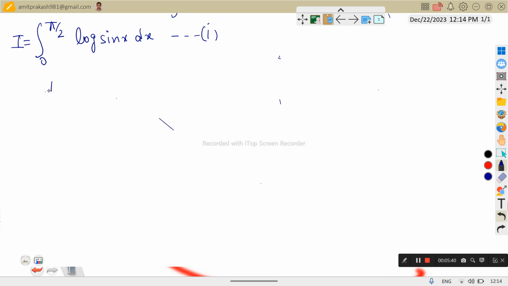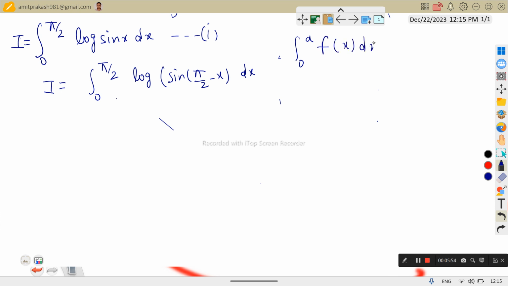Again, I equals integral 0 to pi by 2 log sin(pi by 2 minus x) dx, since integral 0 to a f(x) dx equals integral 0 to a f(a minus x) dx.